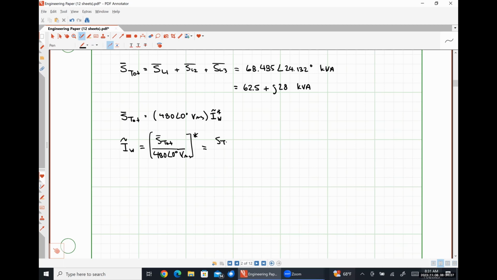To be very clear, the conjugate of a fraction means that I conjugate both the numerator and the denominator.